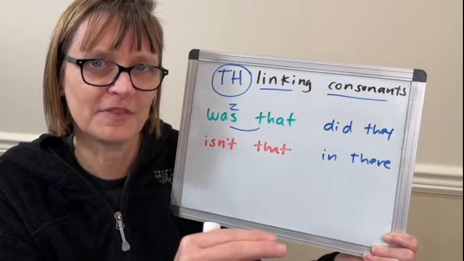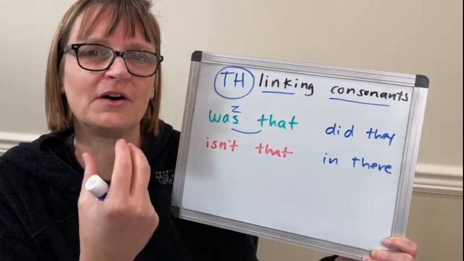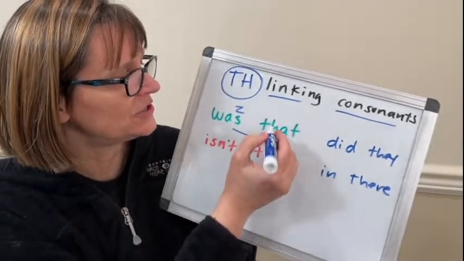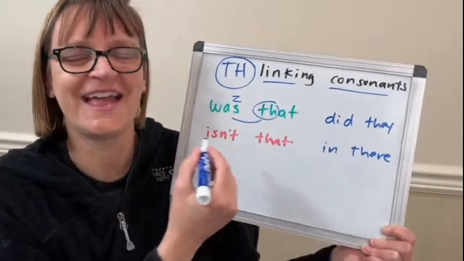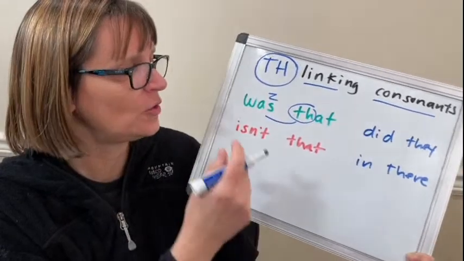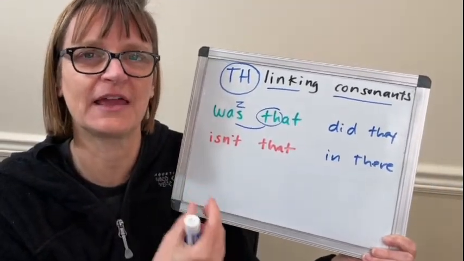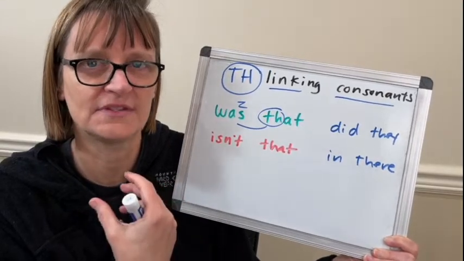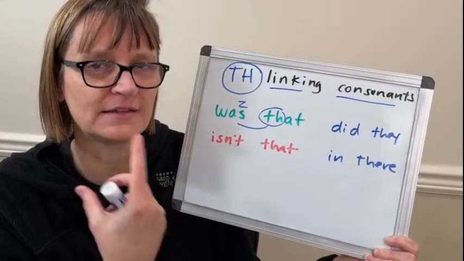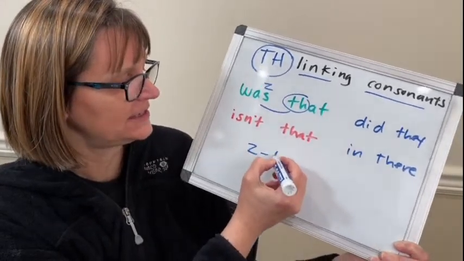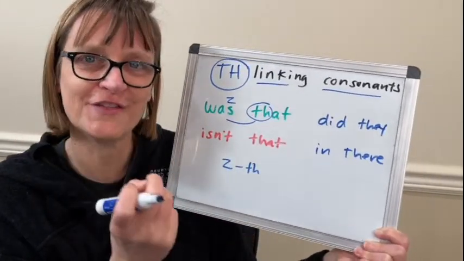If I can keep the flow going, that's going to help you. And also know that the TH is more important than the Z. So when you're practicing, always start with the TH word and then add the additional sound. So that would sound like that, was that, or z that.